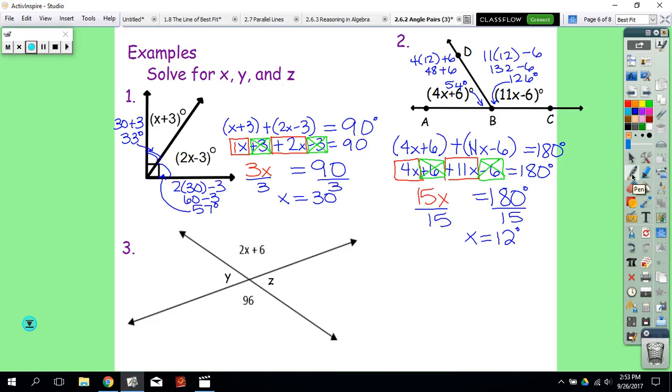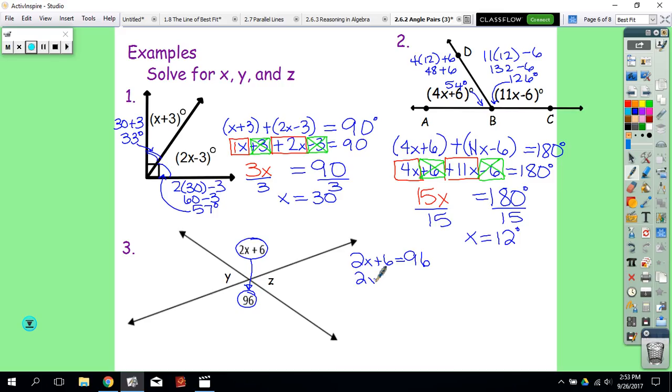All right, and then on the last one, we know that these two angles here are vertical angles. So we know that this one has to be the same as this one down here. So what we can do for this one is say 2x plus 6 is equal to 96. And that's going to tell us what x is equal to.